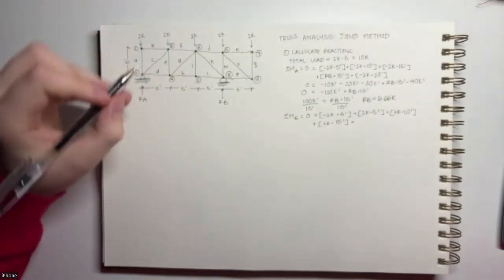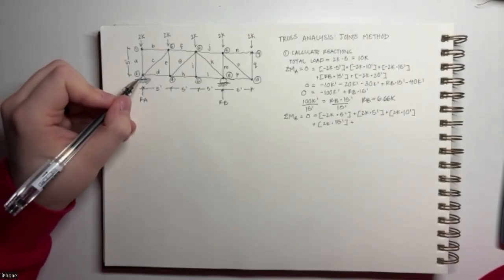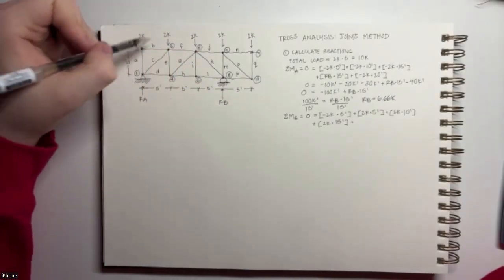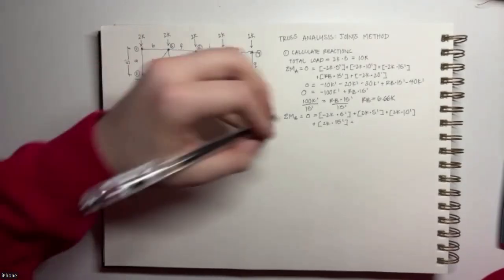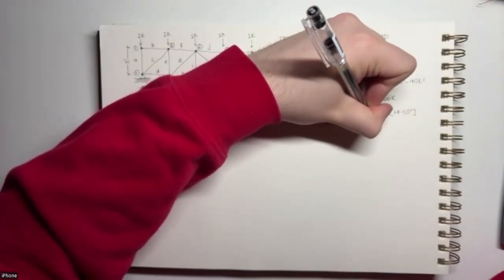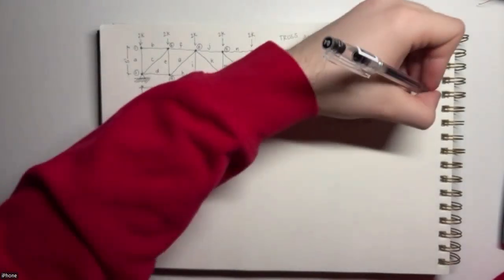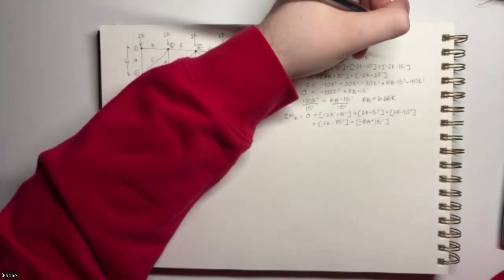And then I can say this is RA, and RA would cause a moment going in the clockwise direction, so it's going to be negative. So that's going to be plus negative RA times, it's 15 feet away from RB, 15 feet.